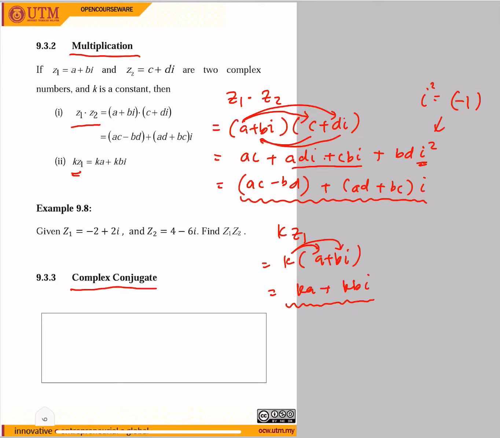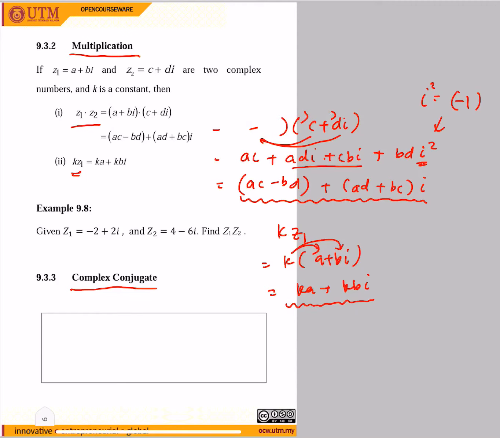Now let's look at example 9.8 here. Given Z1 and Z2, find Z1 multiplied with Z2. Let's solve this.